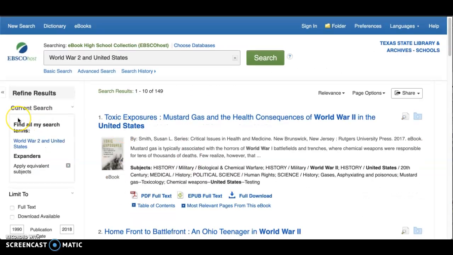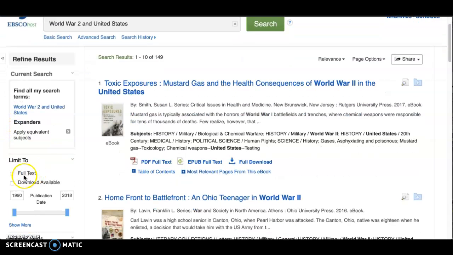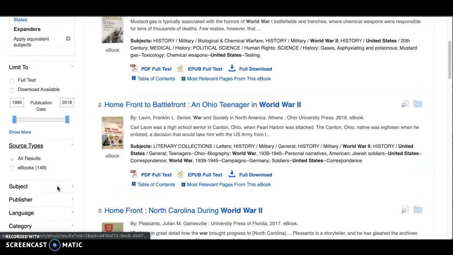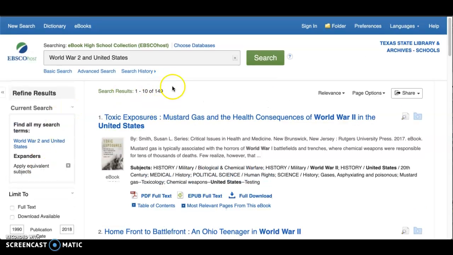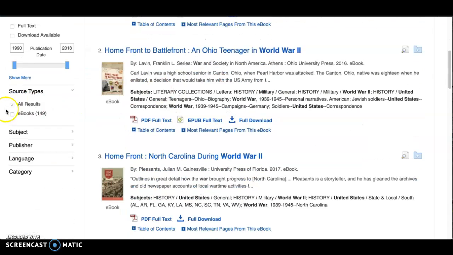If you look on the left, you can do full text, there are downloads available. We have all results and we have ebooks. So if you look up here, there's 149 results, and then here we have 149 ebooks.